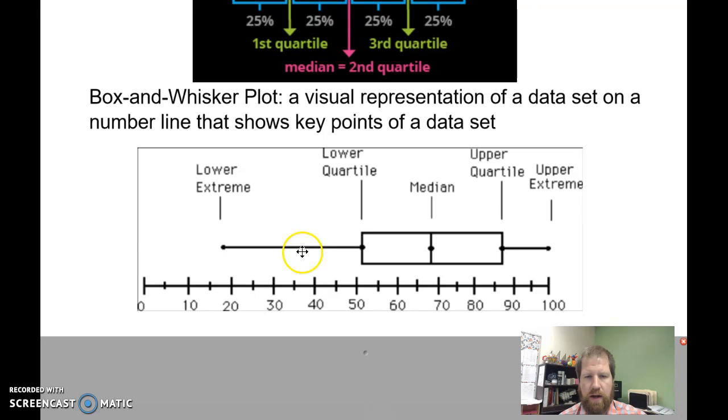The fact that this is a longer line means that this is kind of an outlier. There's a large distribution between the first quartile, the lower quartile, and the minimum. So we've got a little bit of an outlier. Half of the students scored in this box, so between 52 and 87.